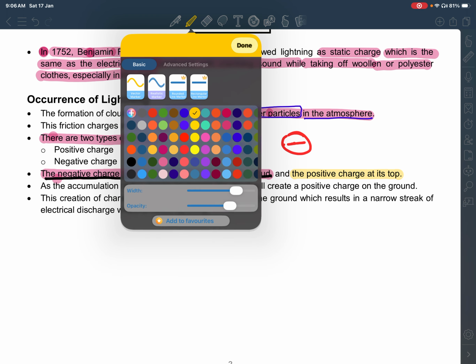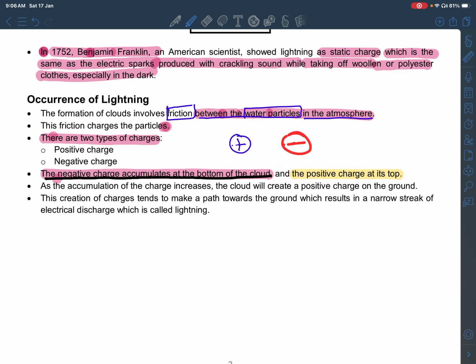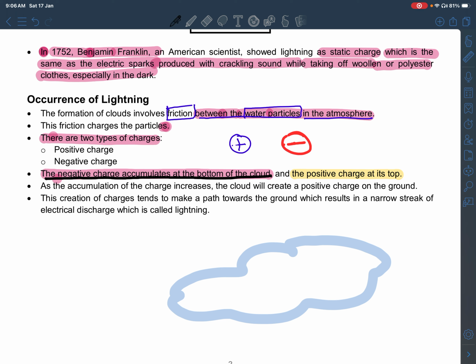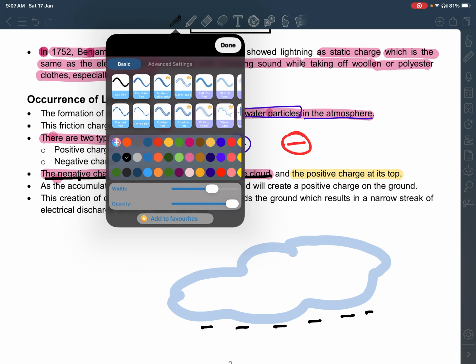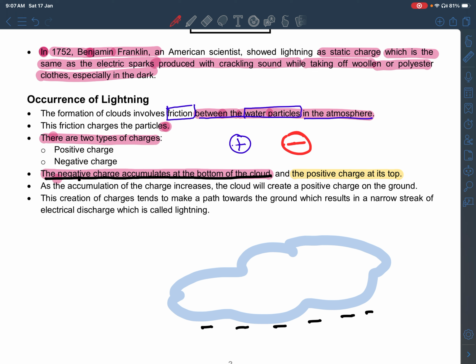Suppose this is a cloud. Here it states that negative charge accumulates at the bottom of the cloud and positive charge at its top. Here you can see that.